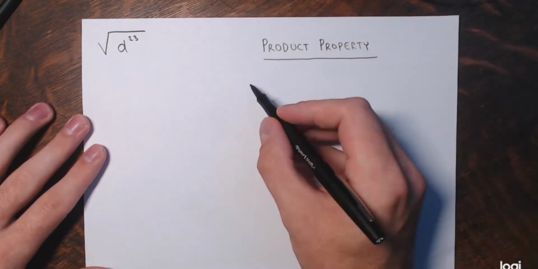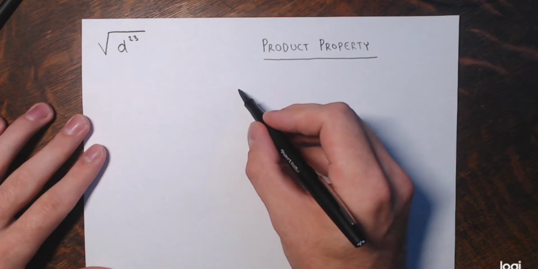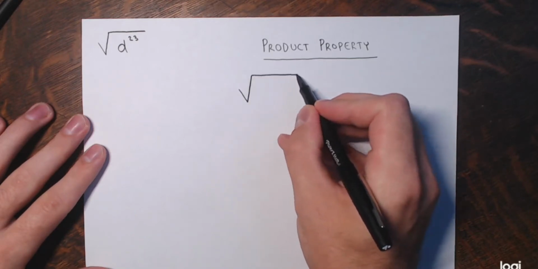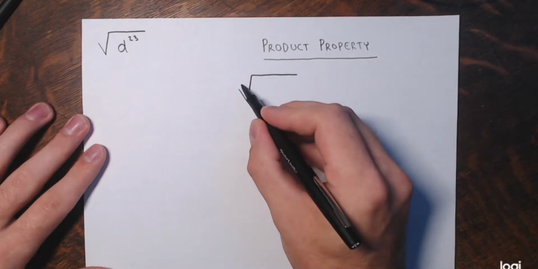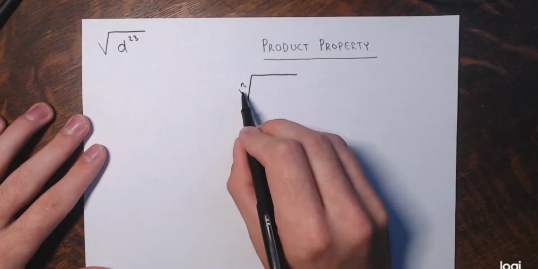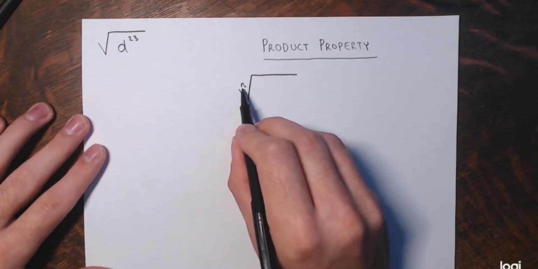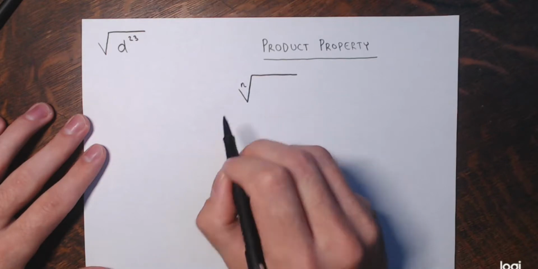The product property for radicals states the following. Here's the radical symbol, and remember the index, so this is the nth root. I put the letter n there, and if there's no number there, remember that's the square root.